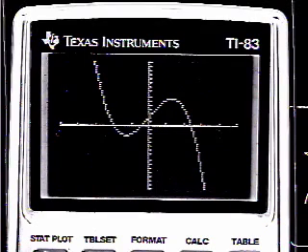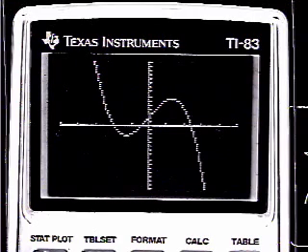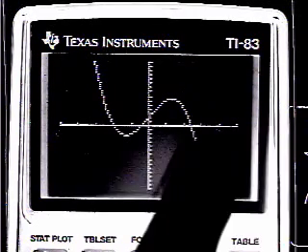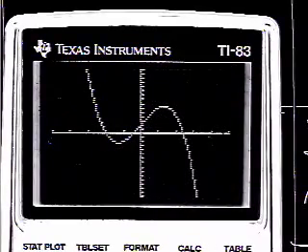It looks like one of the obvious choices here is at negative 2. So let's calculate here.